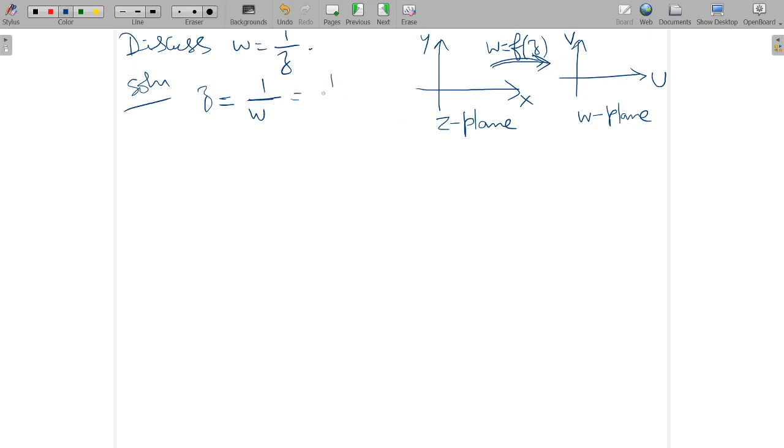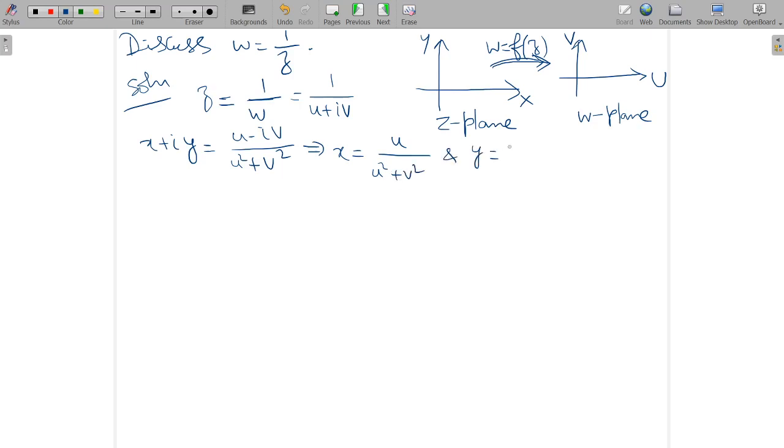So this will be 1 by u plus iv. Now I multiply by the conjugate of u plus iv, namely u minus iv, and I get u minus iv by u squared plus v squared. From that I get x is equal to u by u squared plus v squared, and y is equal to minus v by u squared plus v squared.